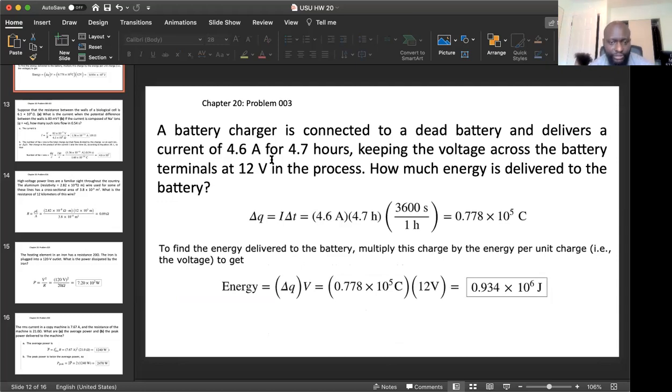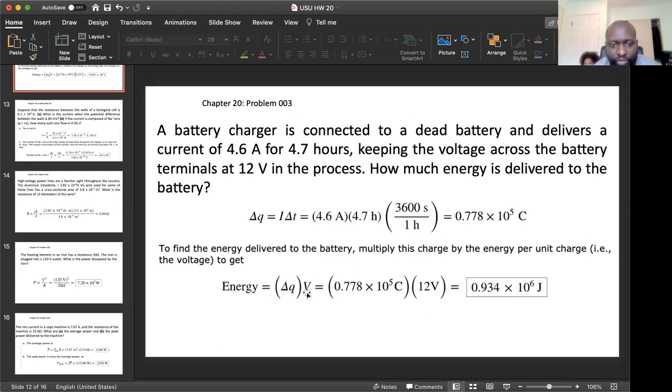So the charge is current times time. We get the current first of all. After getting the charge from current times time, we convert the time to seconds. And then energy is charge times the voltage. So the charge we have here times the voltage is going to give us this in joules.